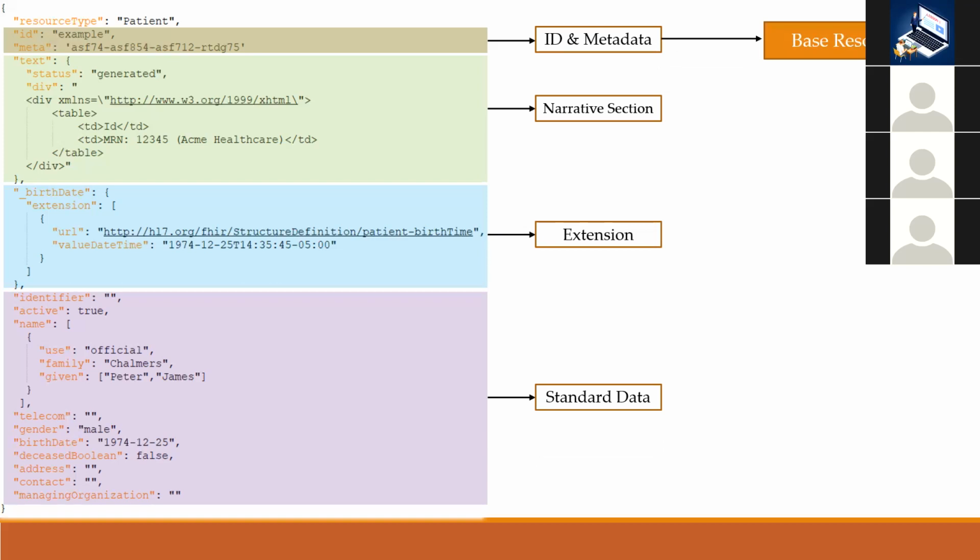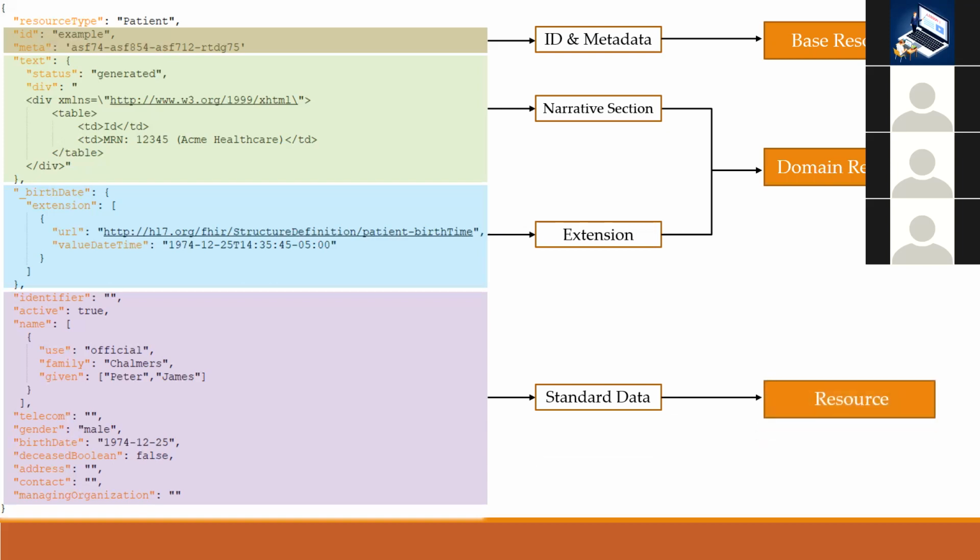The one that you see in the first section is called part of the base resource, and then you have something called the domain resource, and then the fourth section that you have is called the actual resource.